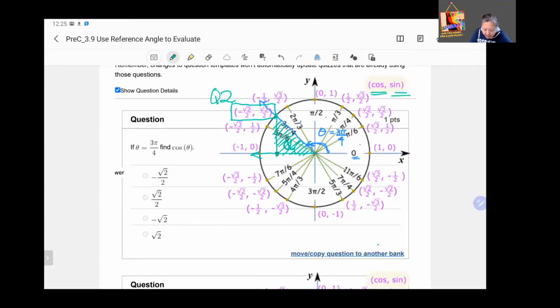And as we remember, the x coordinate is the value of cosine and y coordinate is the value of sine. Then here, we are directly finding cosine of that position with the reference angle in quadrant 2, and all we have to do is look at the x coordinate, and that's the answer here. The x coordinate is negative radical 2 over 2. Easy. Are we good? Okay.